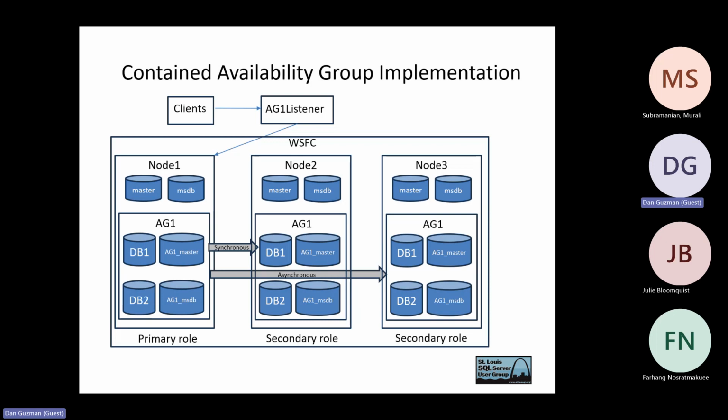So the only security principal I care about really is the owner, because the instance level master database has a record of all the databases on the instance, regardless of whether it's a contained availability group database, a regular availability group database, or any other database that's not part of an AG. It needs to know about all the databases on the instance.